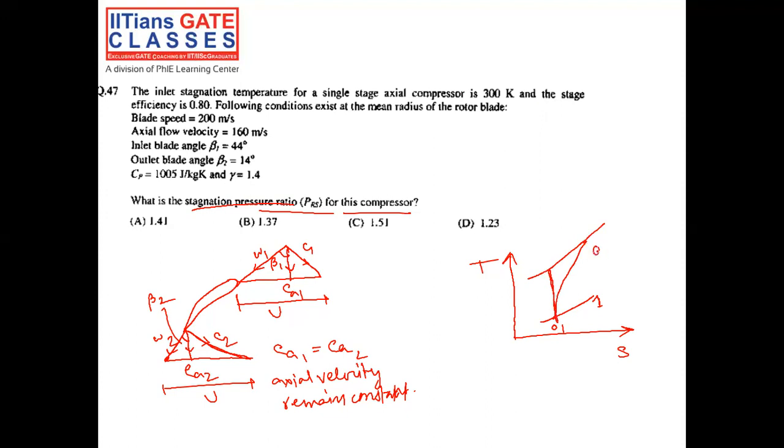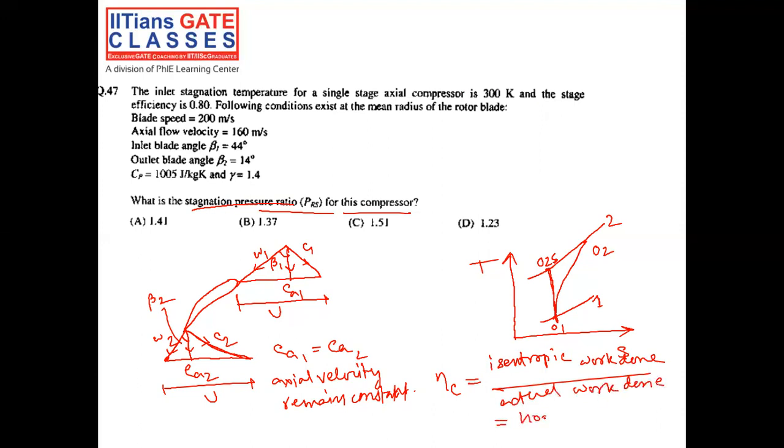So this is the condition at the exit of the compressor, and this denotes the isentropic condition at the exit of the compressor. So the compressor efficiency will be denoted as the ratio of the isentropic work done divided by actual work done.